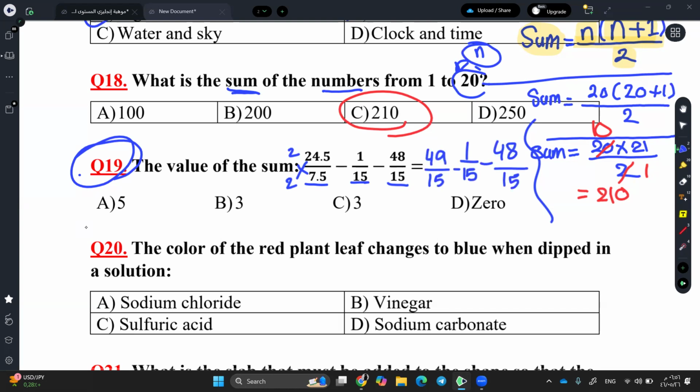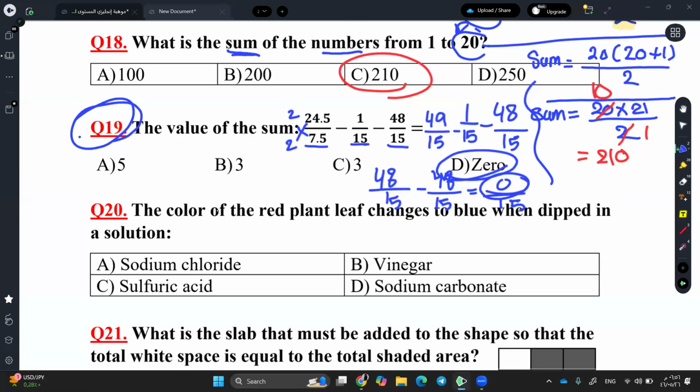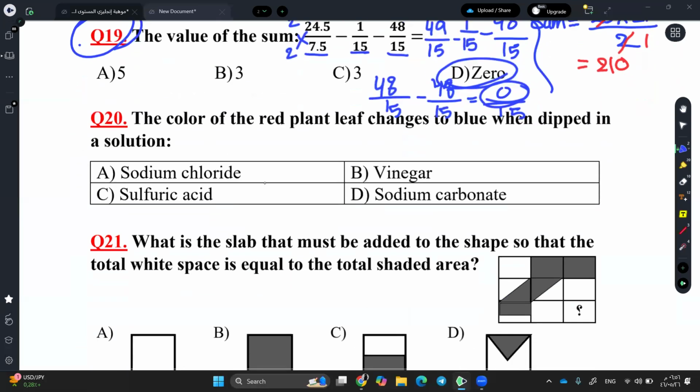So here it's going to be minus 48 over 15, which is 0 over 15. And you know, when the numerator is 0, it's going to be 0. Okay, we answered the same question previously, so I solved it on my own. So we can go fast to another test.